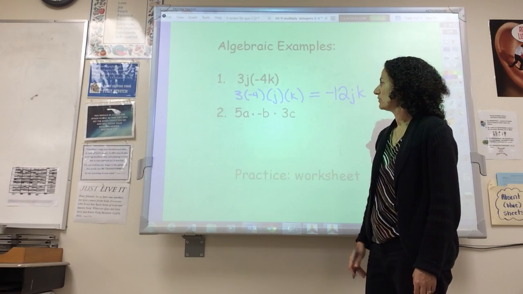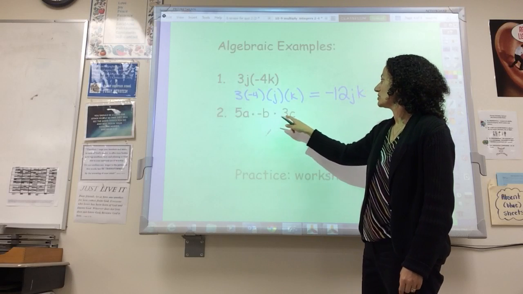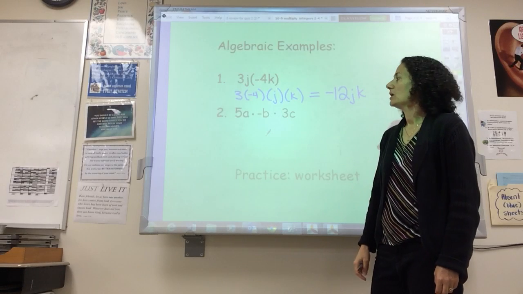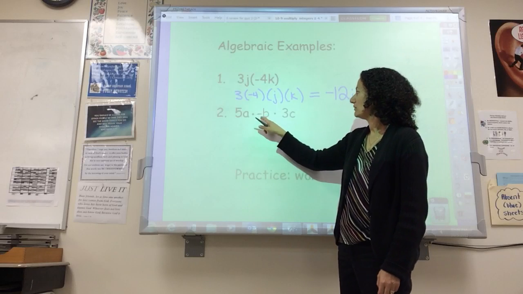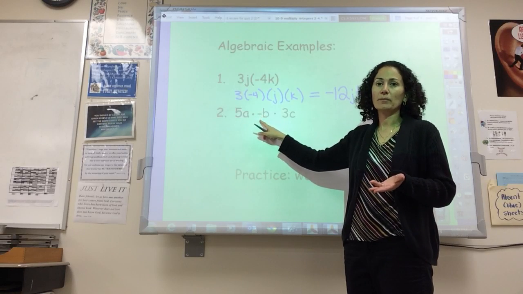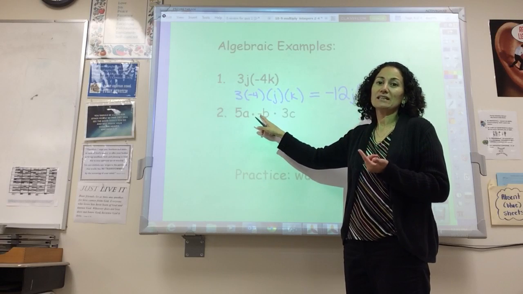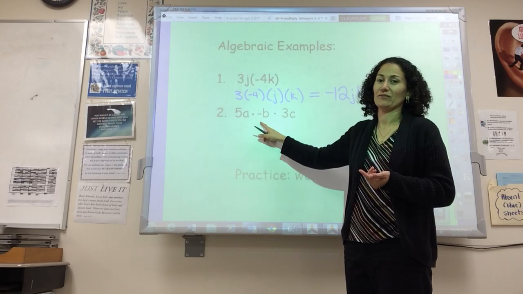Okay, so take a look at this one. Write it down. We've got 5a times negative b times 3c. One thing you should know is that whenever you have a negative in front of a variable and there's no number, it's like there's only one of those. So it's like there's an invisible negative 1 here.